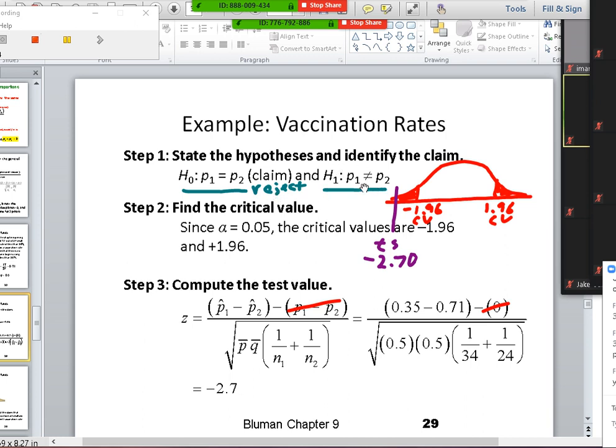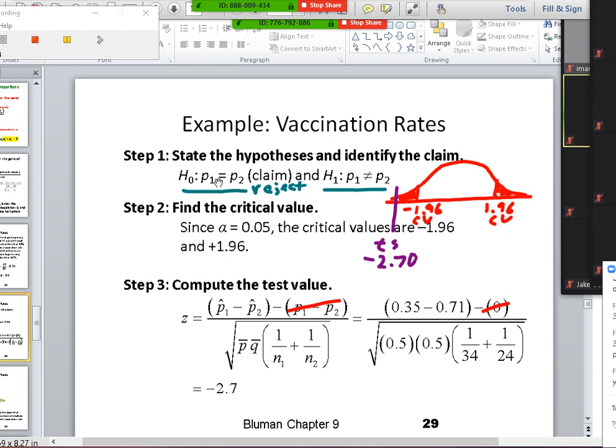H1, since H1 is not my claim, H1 becomes the opposite of my claim. So H1 becomes not equal to. So H1 is P1 is not equal to P2. And these are not the numbers. I'm not talking about p-hat. Let's be clear here. These are the proportions, the true proportion of all small nursing homes and all large nursing homes.